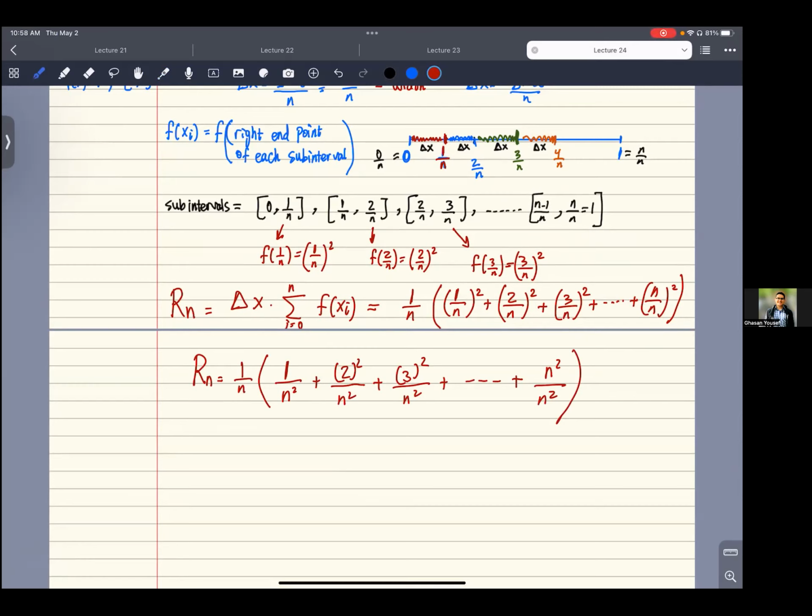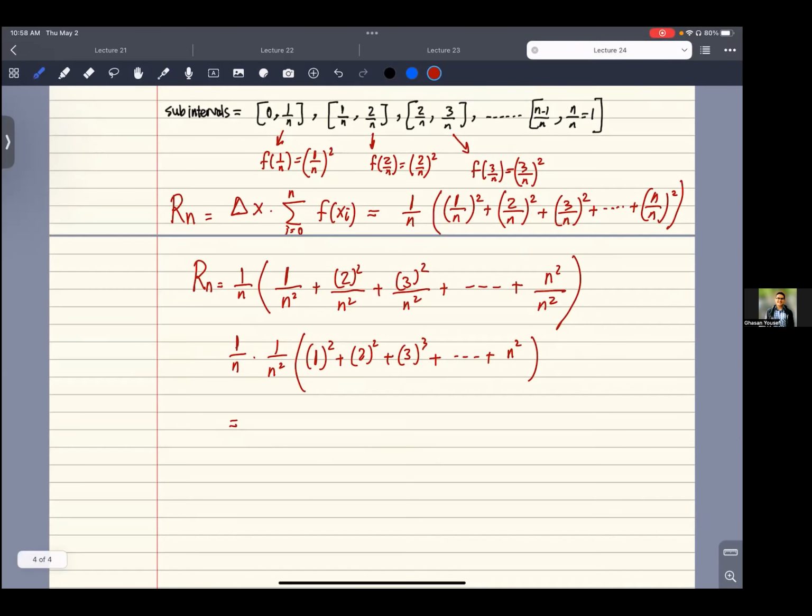Okay, so now I can factor 1 over n square. Do you see these things? I can factor it. So what's the answer? 1 over n times 1 over n square times 1 square plus 2 square plus 3 square plus n square, like this. Okay, what does that equal?